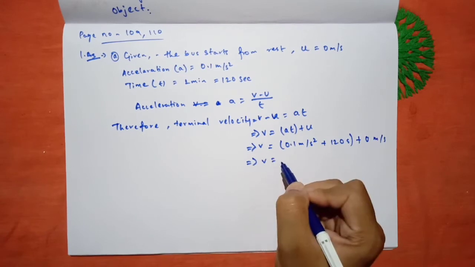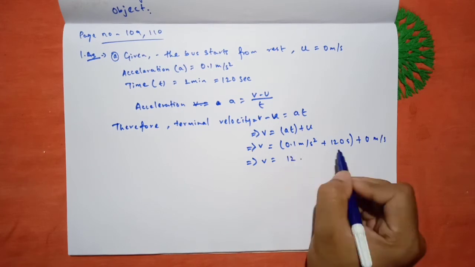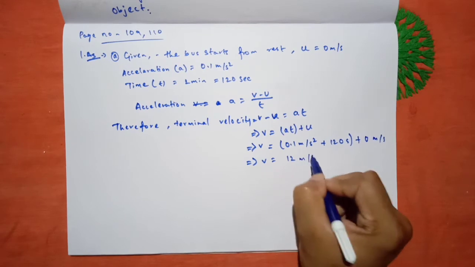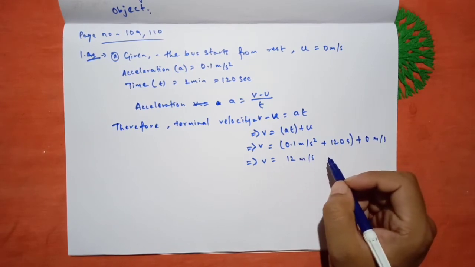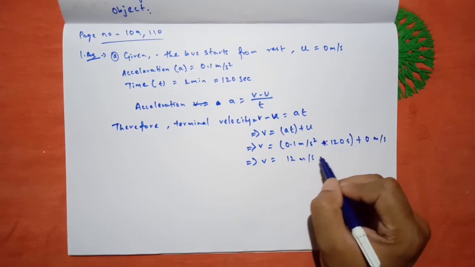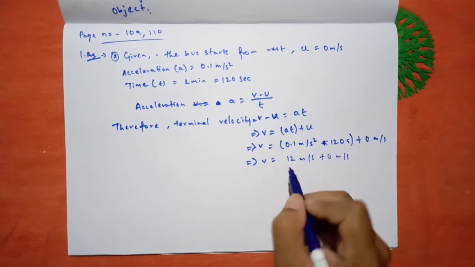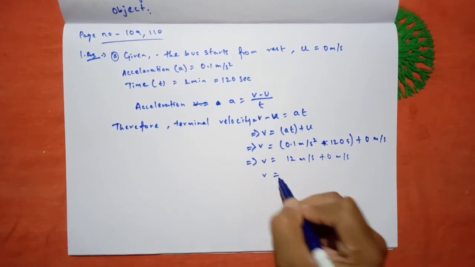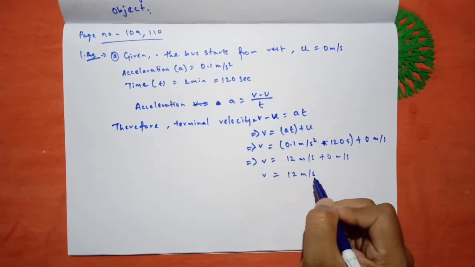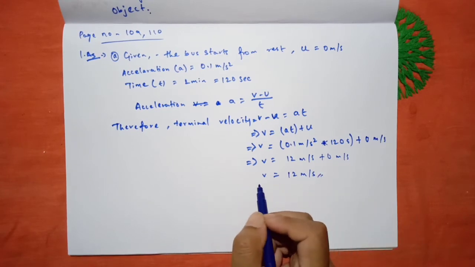So here v will be 120 times 0.1, which becomes 12 meter per second, plus 0 meter per second. So v will be equal to 12 meter per second. This is the terminal velocity, or the speed acquired.